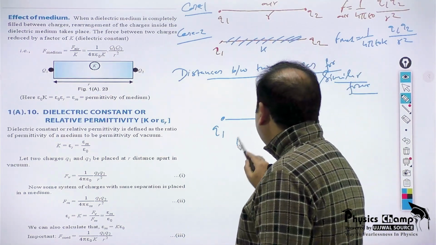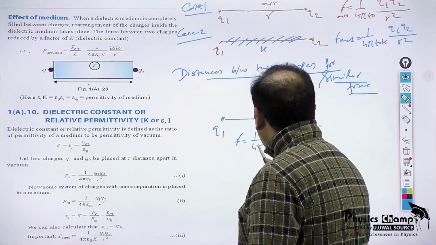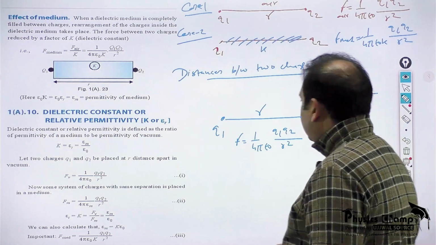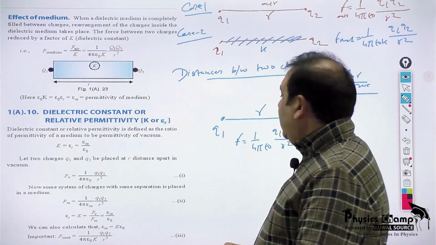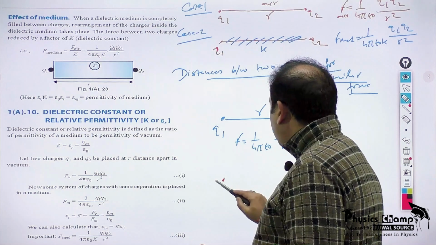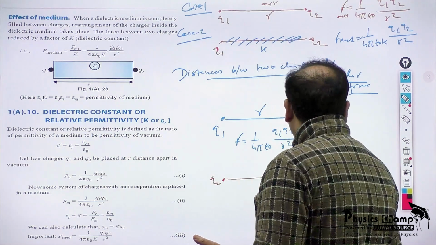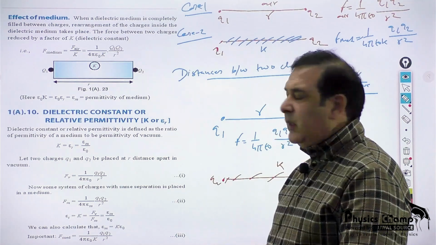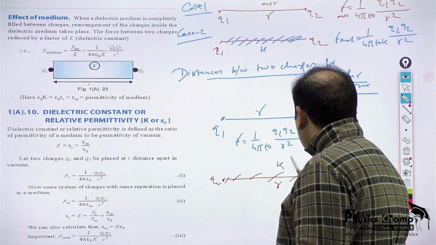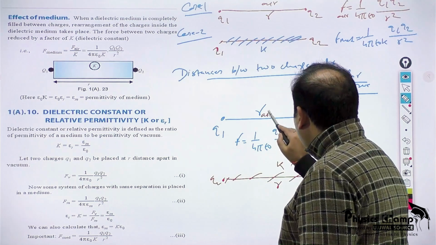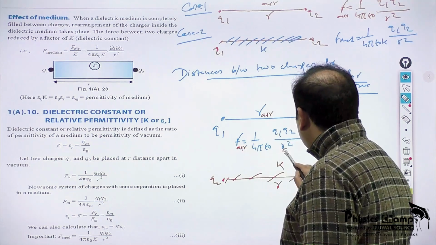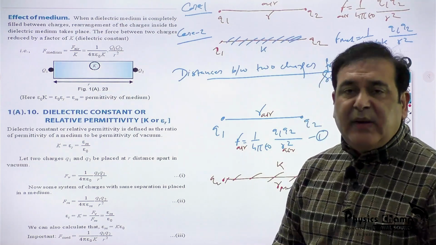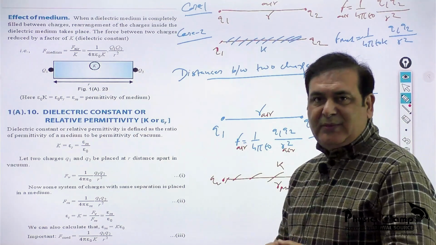The force between them is 1 by 4 pi epsilon naught Q1 Q2 by r square. I am looking at the case where I fill the medium between them with a dielectric constant K. If this is the distance in air, how much should be the distance now for the same force?